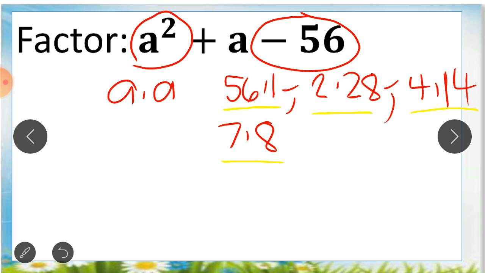We're going to choose one of these factors that when you add or subtract will be equal to the middle term. Now the middle term is plus a, so that means it has a numerical coefficient of 1. So which among these factors when you add or subtract will be equal to 1? Of course, that's not 56 and 1 because 56 plus 1 is 57, 57 minus 1 is 55.